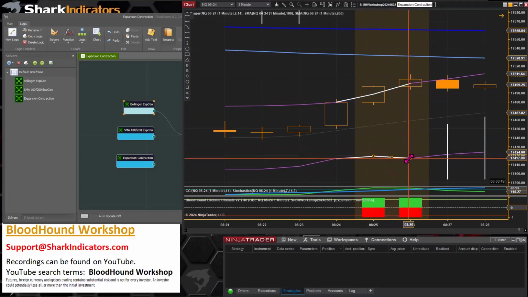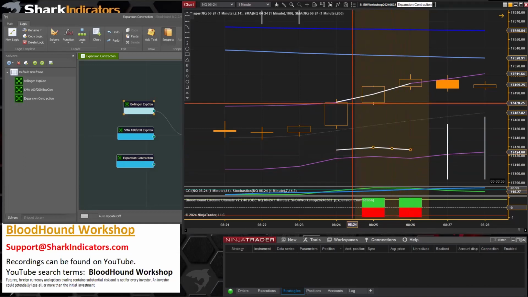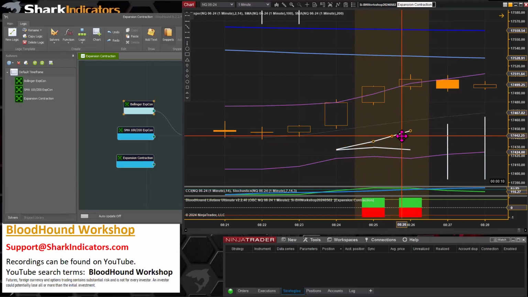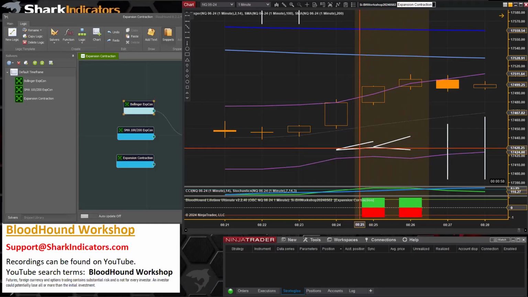I'm just going to get these lines set up again. Okay, now we can see the slope delta here: the difference in these 2 slopes versus the difference in those 2 slopes, and we can see that the slopes are expanding. Just as simple as that.